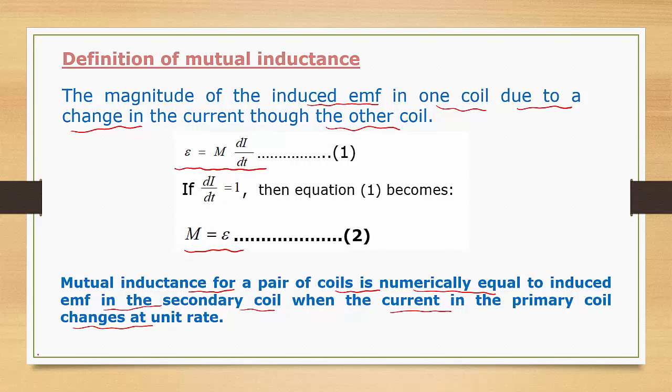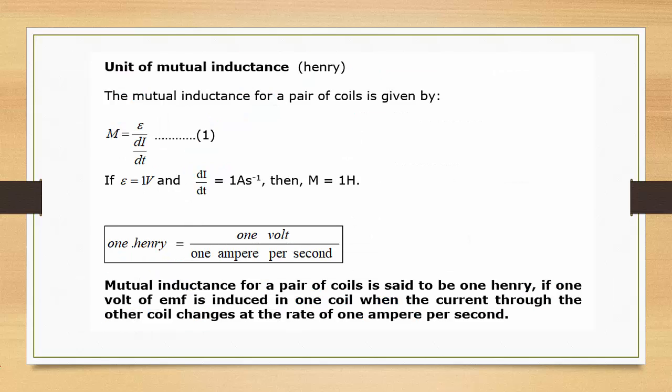In general, we can define mutual inductance between a pair of coils as the EMF induced in a coil due to unit rate of change of current in the neighboring coil. Or simply, the induced EMF in the secondary coil when the current in the primary coil changes at unit rate. Now we can observe the unit of mutual inductance.